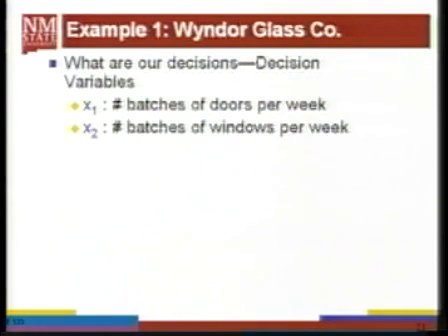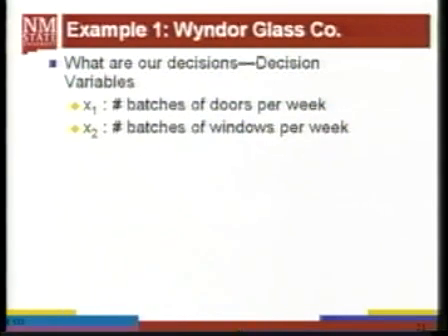Then once we define the decision variables, we've learned that the next step is to determine our objective function, right? For this problem, what is our goal? Maximize profit. Yes, maximize profit. But sometimes we might have to minimize cost, things like that, okay? But in this case, definitely our goal is to maximize the profit, right?